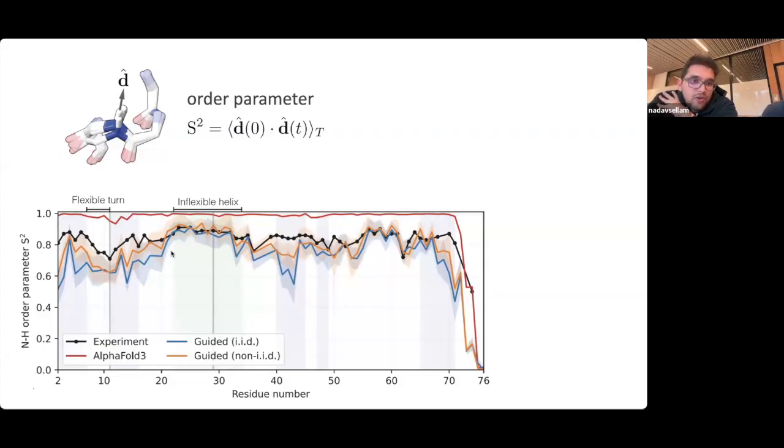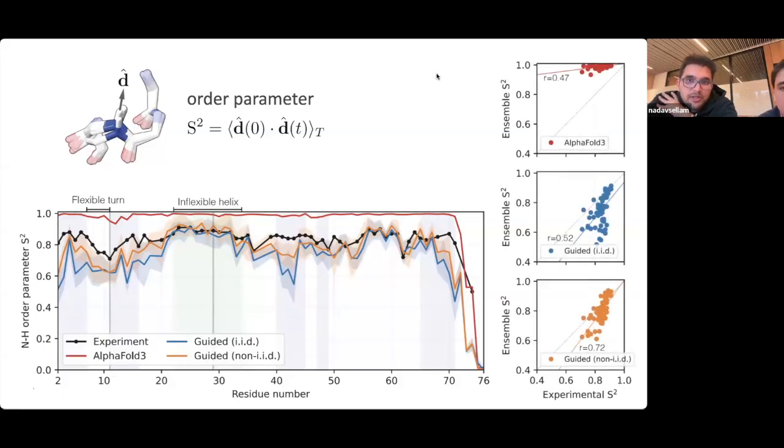With guided AlphaFold, without training on this S2 parameter, we are able to recover a reasonable correlation with a secondary experiment in NMR. We guide with one experimental parameter and check accuracy against the other. These scatter plots show how the experimental S2 parameter is distributed compared to the computed S2 parameter of an ensemble.